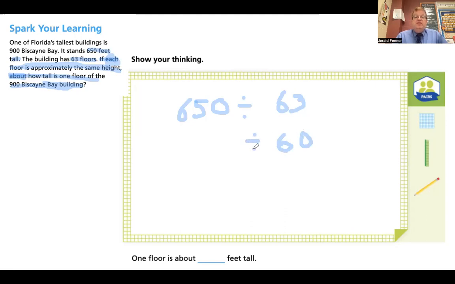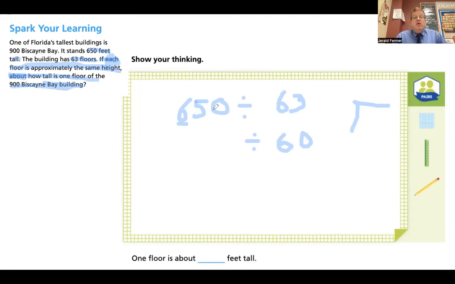Now, I'm not going to set this problem up like this because I don't need to. We're estimating. So then I'm going to say my multiples of 6. And do I necessarily have to look at 65? Well, I really don't, because if I look at 65, it's really going to mess me up, because technically I do have enough with just the 6.